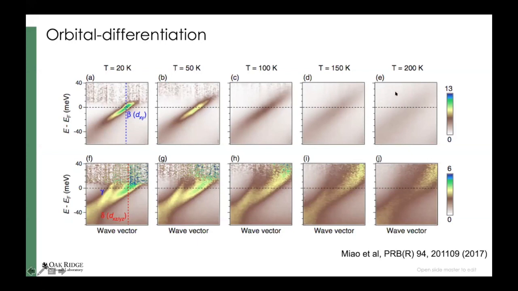But more importantly, you see for the beta band at 200 Kelvin, you almost cannot distinguish between the band structure and the background. On the other hand, for the delta band, although you see a similar decrease of intensity, you can still clearly distinguish the band structure from the background.